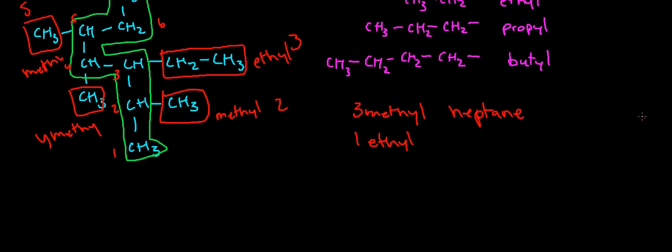So we're going to go in alphabetical order, and the way to do this is to lead with the location of the first group, which is going to be the ethyl group because it starts with an E. So it's on the third carbon, so I'm going to say 3-ethyl, and then next methyl, because it's an M. But there are 3, so it's going to be tri.